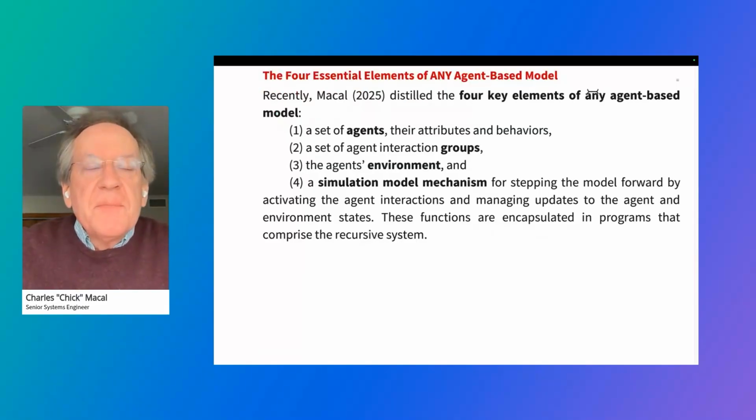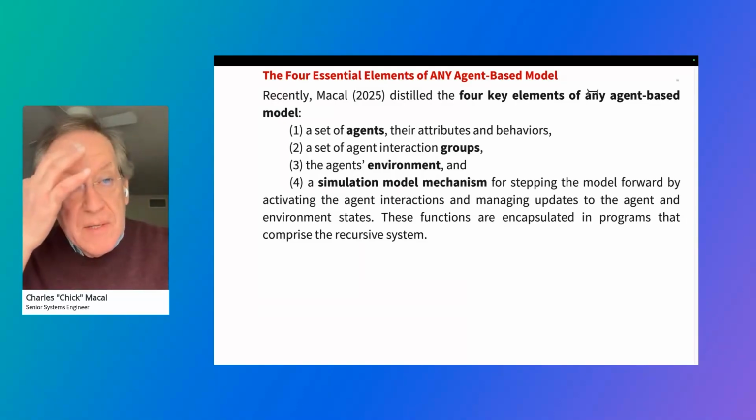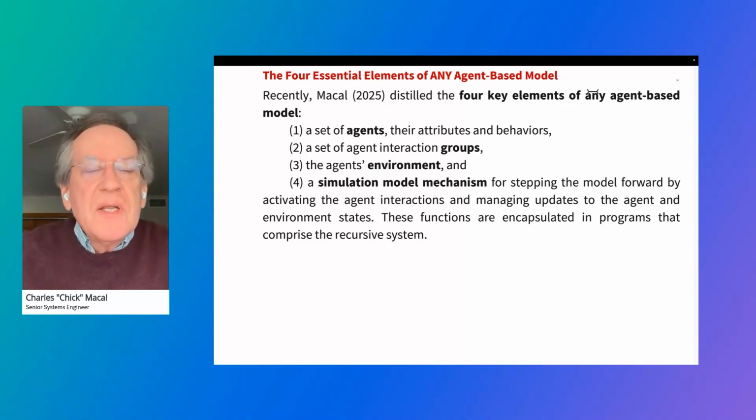In any agent-based model, there's 4 essential elements, and this covers every agent-based model. Recently, I've been on a quest to distill and simplify the elements of any agent-based model, and here they are. Basically, we have a set of agents.